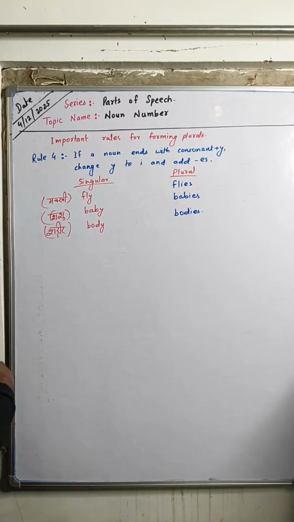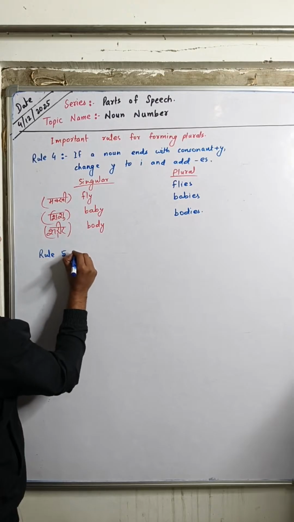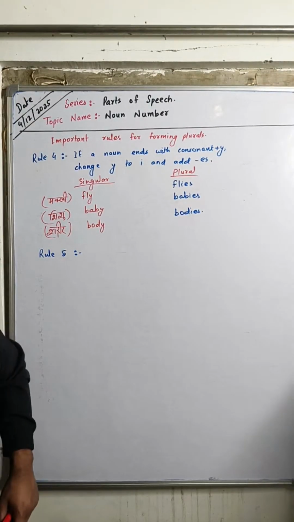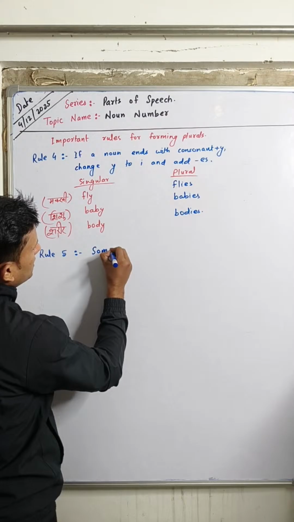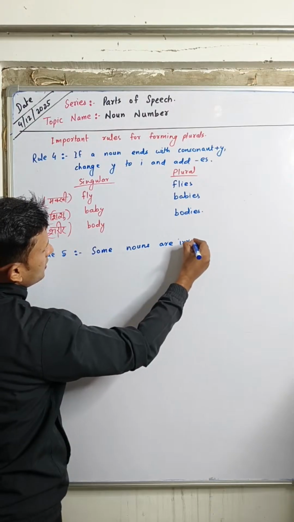Now let's talk about rule number 5. Some nouns are irregular.